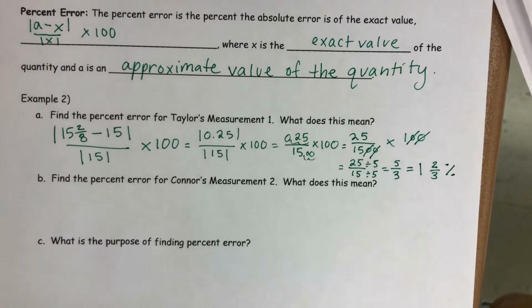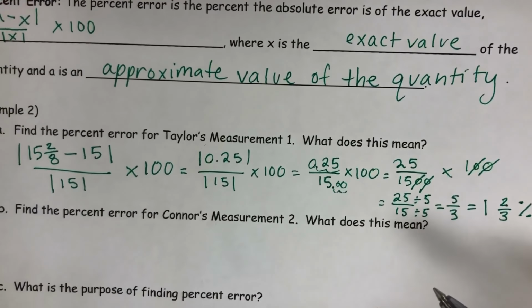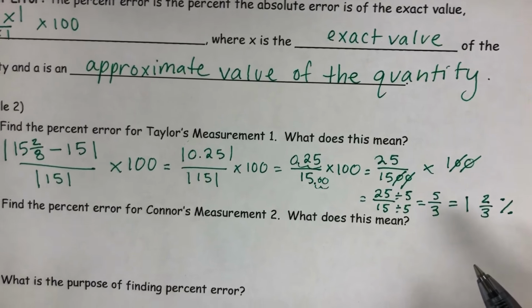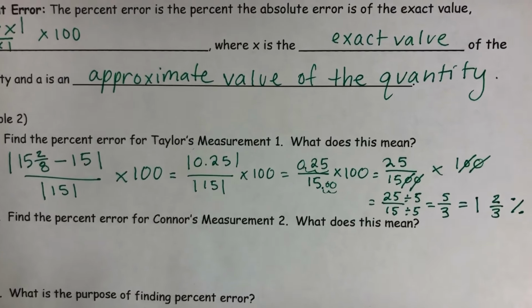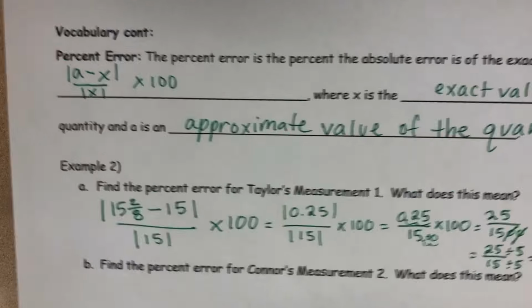It says, what does this mean? Well, that means that Taylor's measurement 1 is 1 2/3%, or it has an error that is 1 2/3% of the actual value.